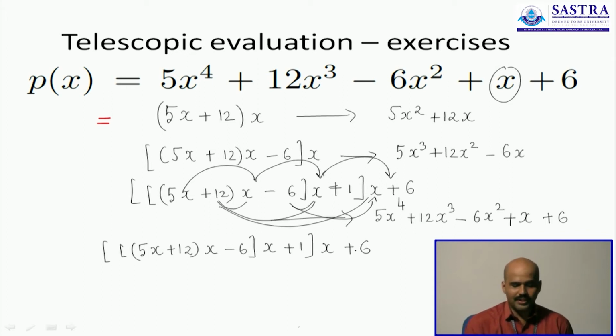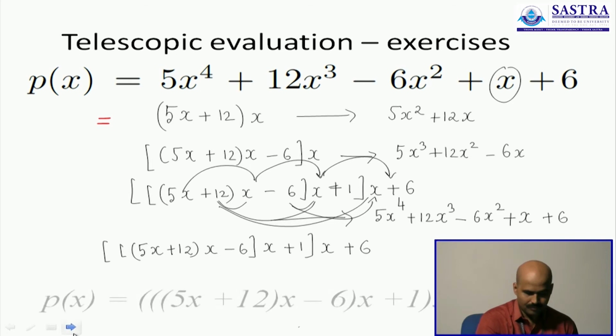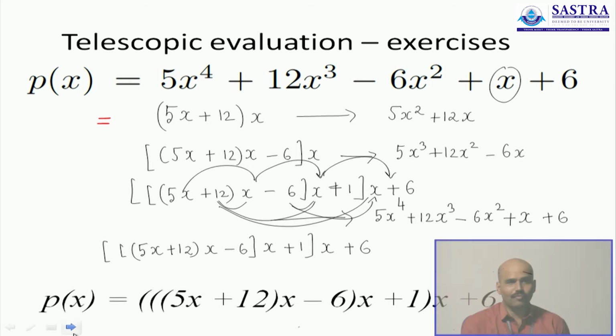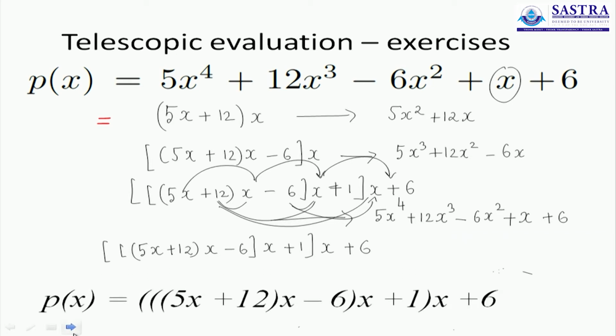So, this actually gives us the telescopic form of the given polynomial, and evaluating this is far easier than directly substituting the value of n. So, that is the answer we were looking for.